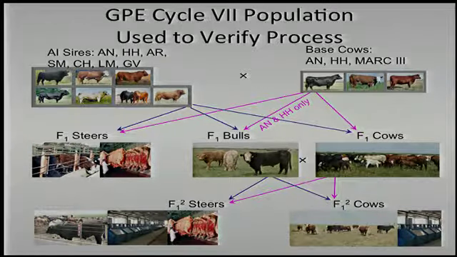And in order to test this, we used this GPE population, which we talk about quite a bit. It's basically a population made of crosses of the 7 most prominent beef cattle breeds crossed to a base cow to produce F1 bulls that are crosses of those two and F1 cows.